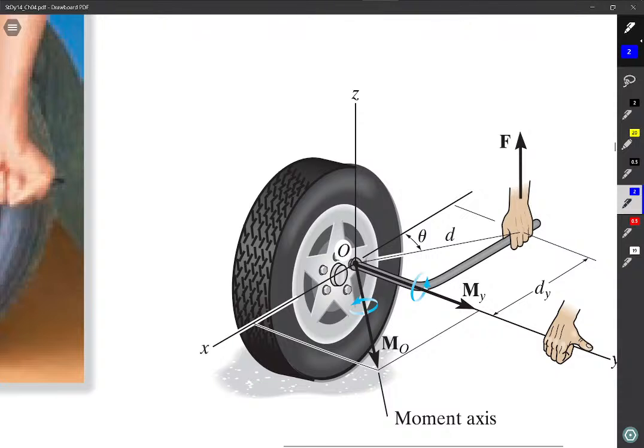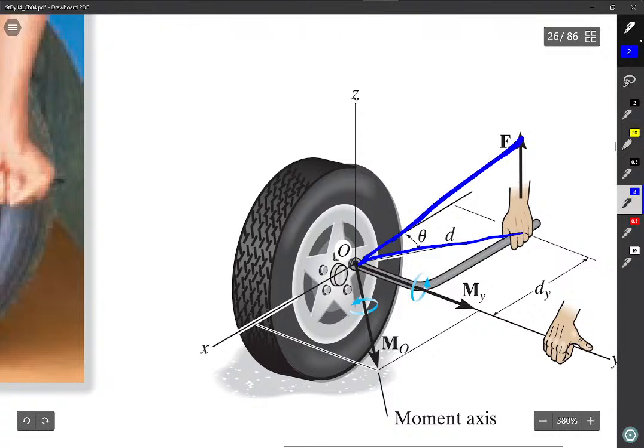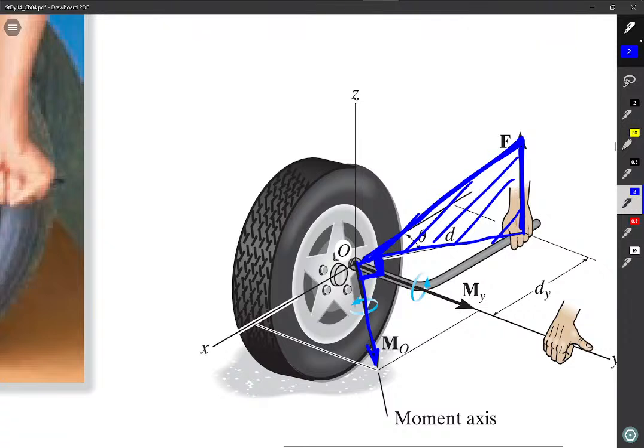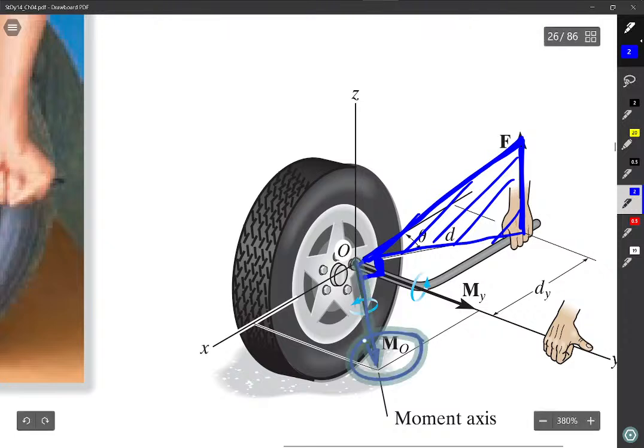If you did not put your hand here as well, you are actually producing, if I drew this as a triangle, and this is a plane, a moment perpendicular to all lines on that plane. But that moment there is not what is loosening the bolt. Believe it or not, what is loosening the bolt is the fact that this is the result of that twist.